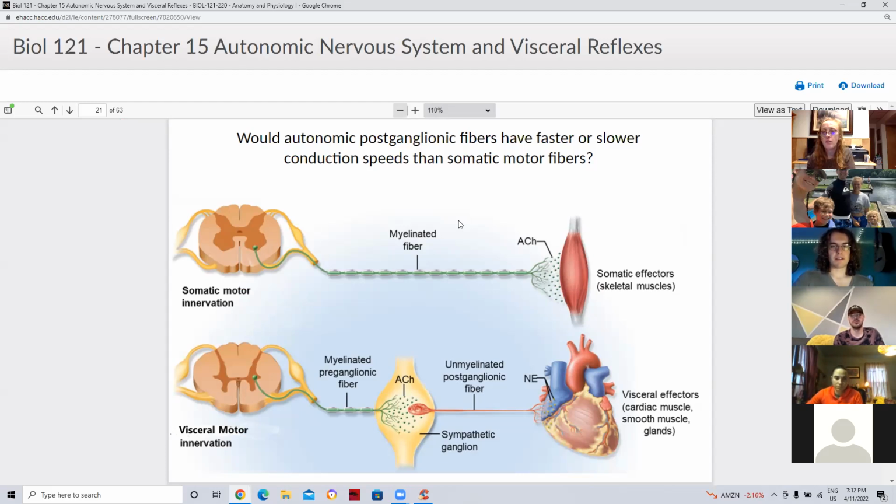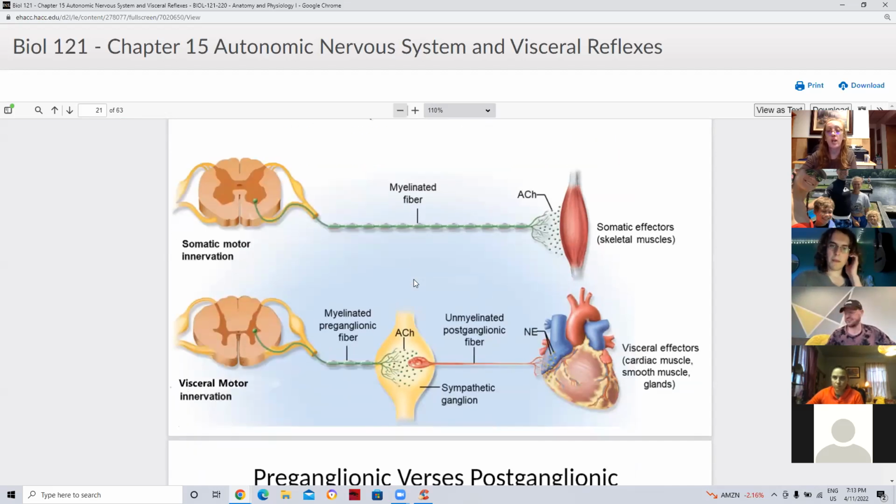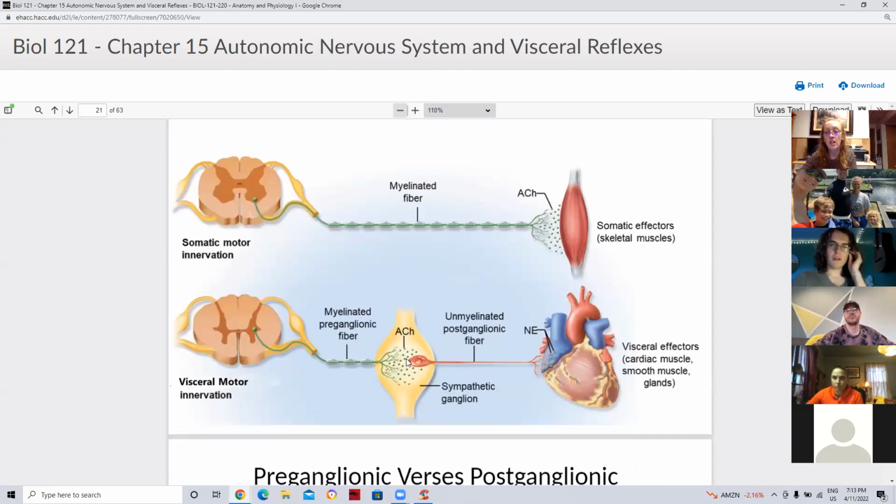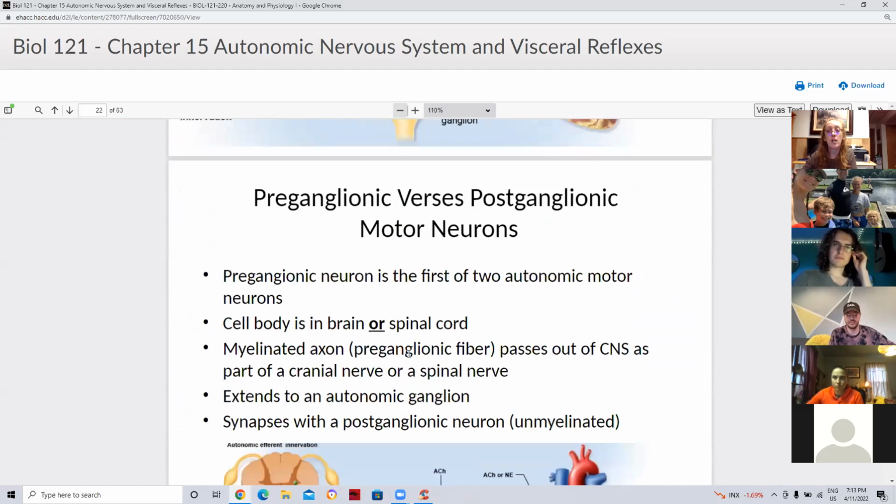The autonomic has a synapse for the message to cross, whereas the somatic just goes straight. That's one of them. What's the other reason? There's no myelination. Yep. Well, part of it has no myelination. So it's both. Yeah, I didn't think about the fact that the ganglion, but yeah.